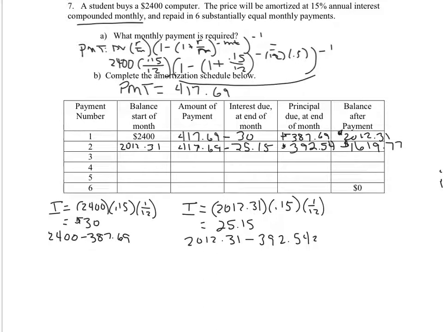At this point, you may want to pause the recording so that you can calculate the rest of the table. I will pick back up with you in just a moment.